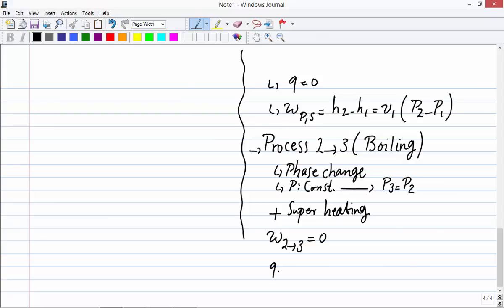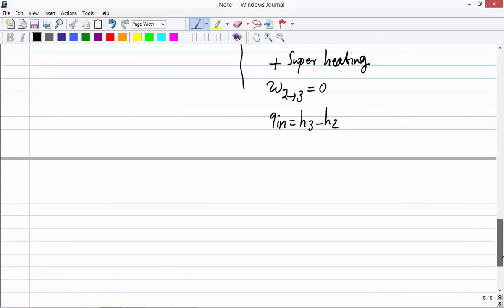And Q, how much heat we are adding to the system, is the difference between the enthalpies. After adding this heat, at point 3 we would have higher enthalpy, so we write H3 minus H2, not H2 minus H3.